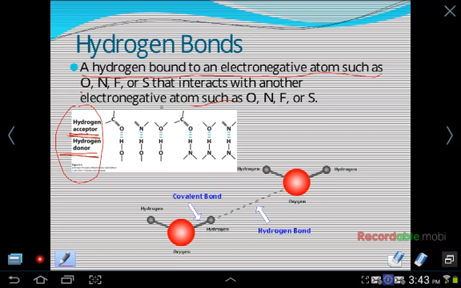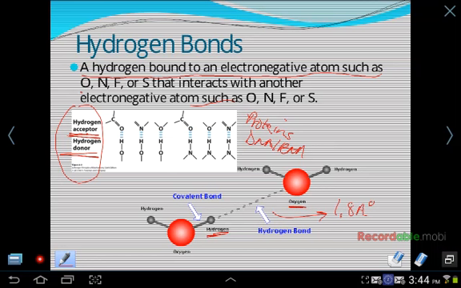We get a variety of these bond types in proteins, as well as DNA or RNA, and in water. In water, our hydrogen bond distance, between the hydrogen and the oxygen, is 1.8 angstroms.